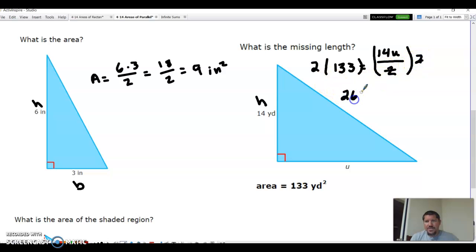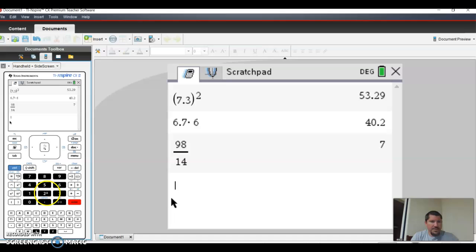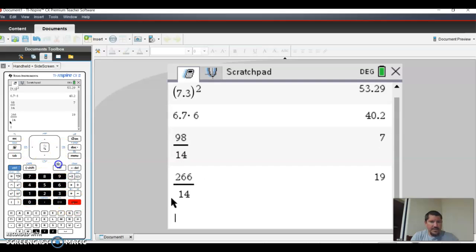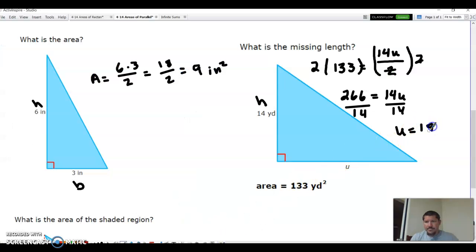This is 266 equals 14u. Divide by 14, and u will be equal to 266 divided by 14, which gives me 19 yards.